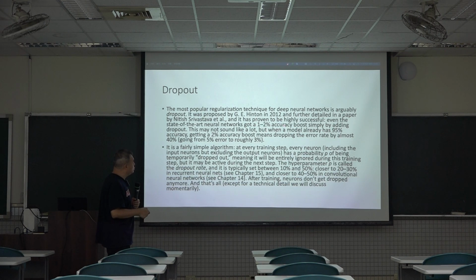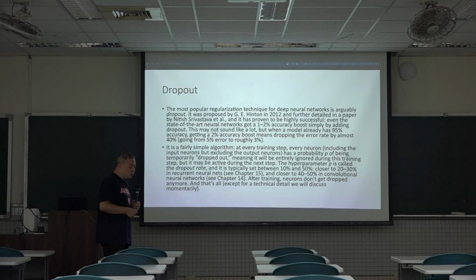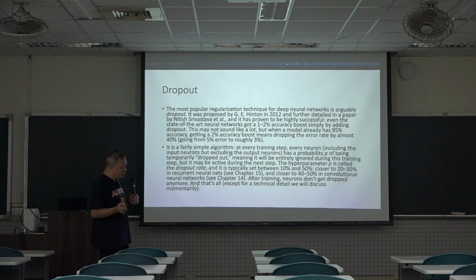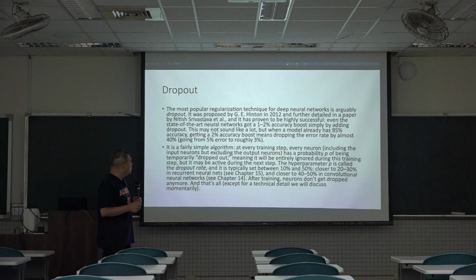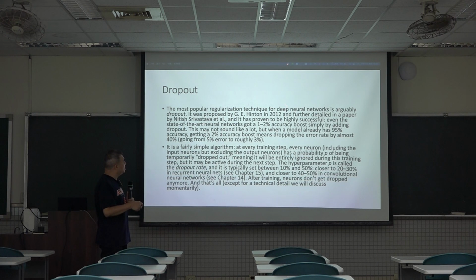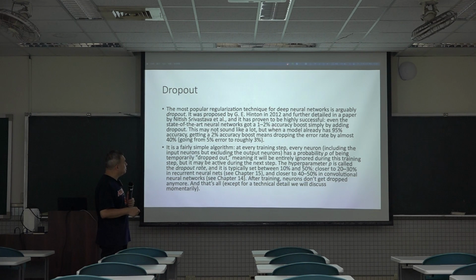When you apply dropout, even the state-of-the-art neural network got a 1 to 2% accuracy boost. So not only do you help to fight overfitting, at the same time you will improve the accuracy of your model.